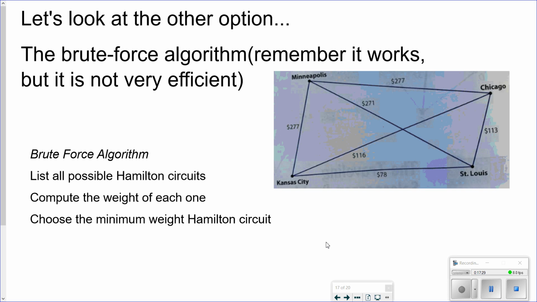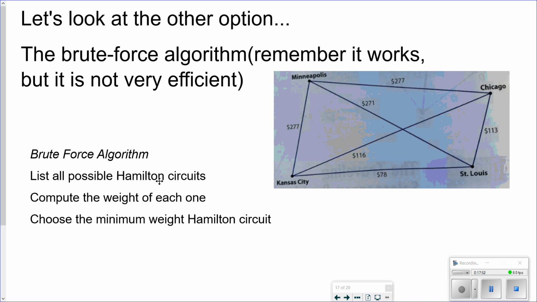Remember, this one works, but it's not very efficient. And this algorithm explains why. What you do is you find all possible Hamilton circuits, and then you compute the weight of each one, and then you choose the minimum weight Hamilton circuit.